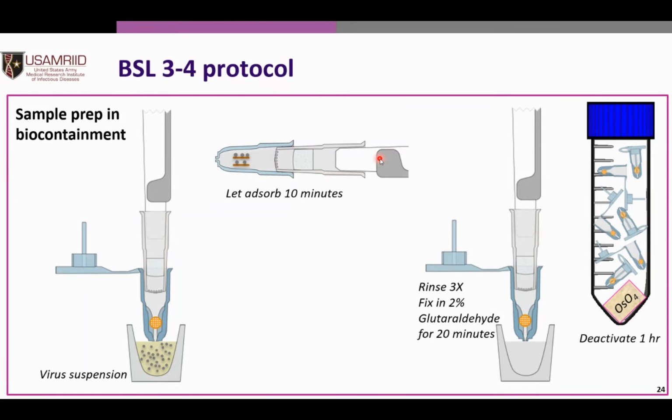At the bottom of this tube, we would have a piece of filter paper that was soaked in osmium tetroxide. We wanted to expose the grids to the fumes, but we didn't want a lot of osmium tetroxide liquid floating around this tube because that can actually stain your sample further upon contact. So we came up with this idea to soak filter paper and put it in the bottom of the tube so that we could get the fumes in the tube, but not have a lot of liquid floating around.